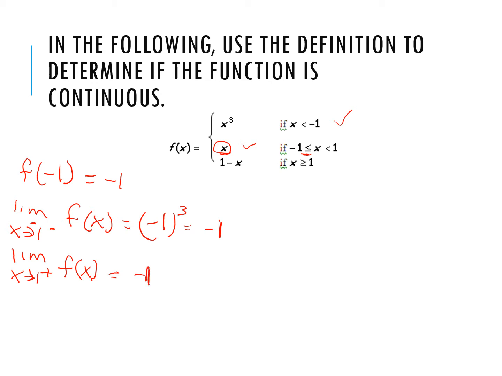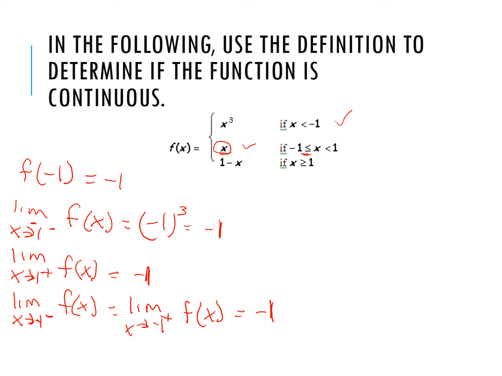So yes, the limit as x approaches negative 1 from the left is equal to the limit as x approaches negative 1 from the right of f of x, which is equal to negative 1.